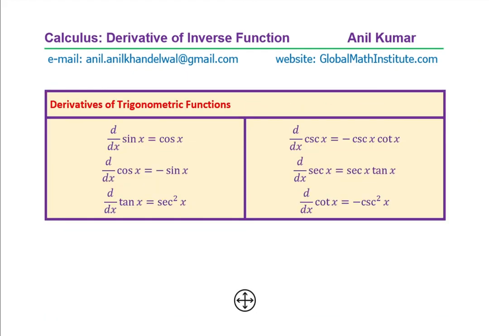And what else? Definitely, you need to remember the derivatives of trigonometric functions themselves. As you know, the derivative of sine x is cos x, cos x is minus sine x, tan x is secant square x, cosecant x is minus cosecant x cotangent x, secant x is secant x tan x, and cotangent x is minus cosecant square x.